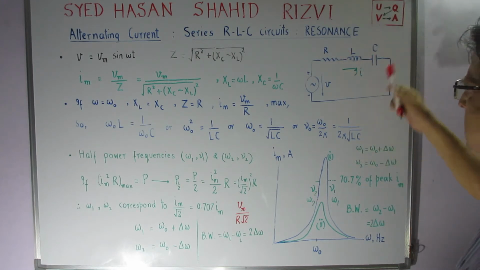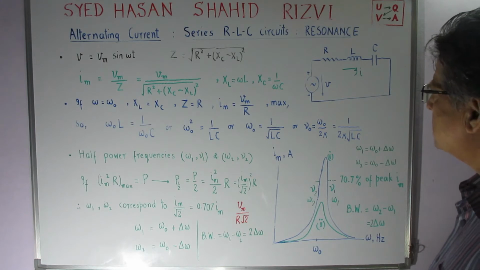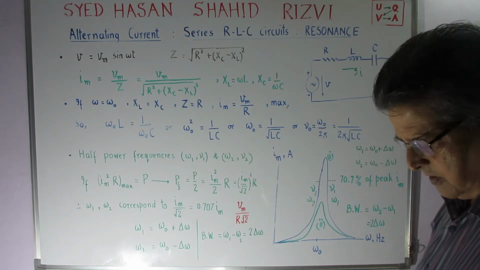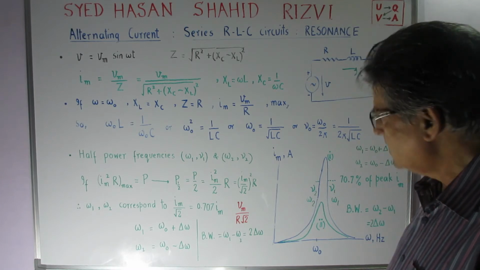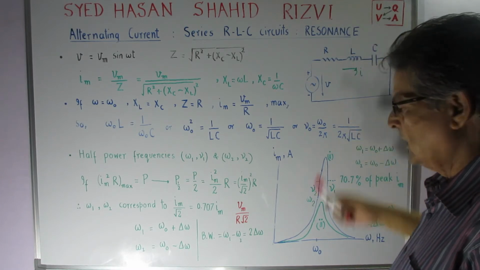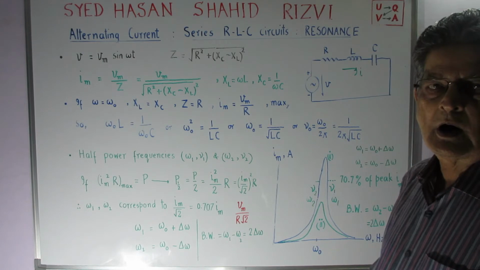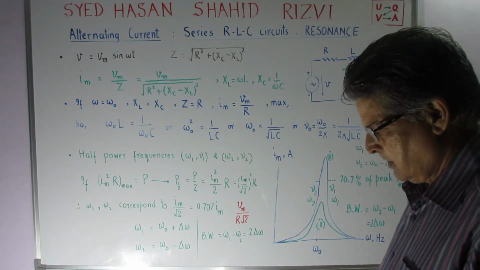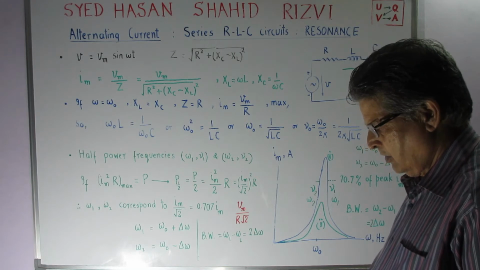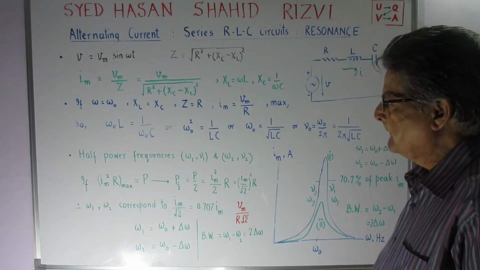R, L and C. The current is the same in all the elements, and the voltage across R is I into R, and across L is omega L into I, and across C it is I upon omega C, etc.